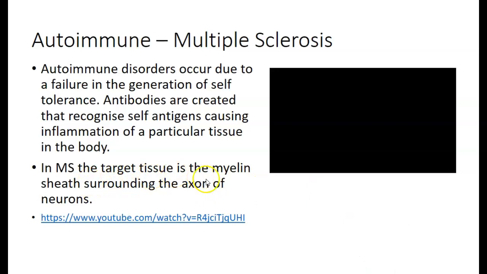But the target tissue being the myelin sheath, we know the structure of an axon, a neuron. We know that myelin sheath is present on an axon to do two things: protect the axon and help the traveling of the signal, the action potential, along that axon. When there's sufficient myelin sheath, the electrical signal will travel down the axon of the neuron well.